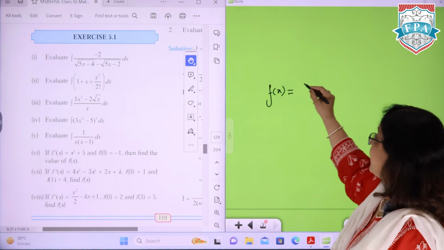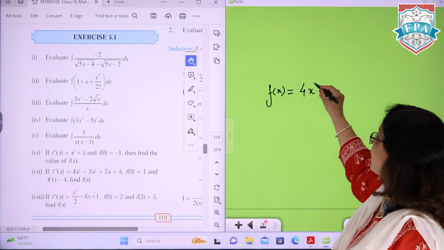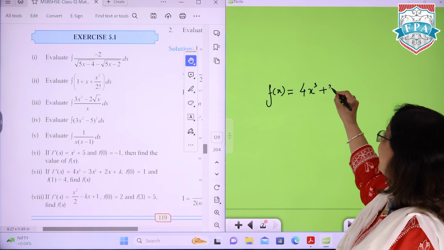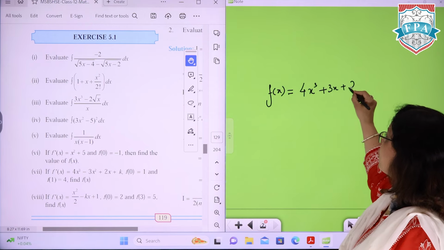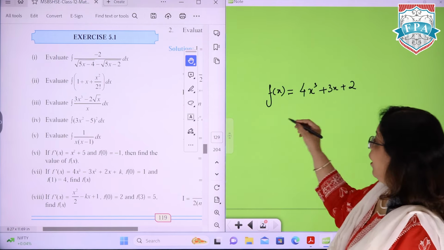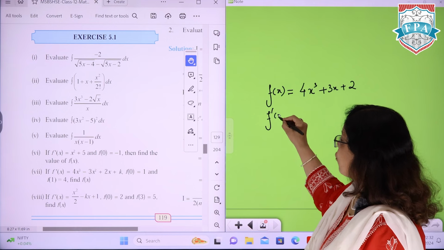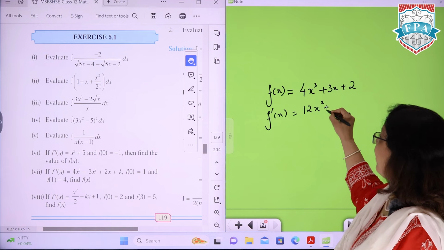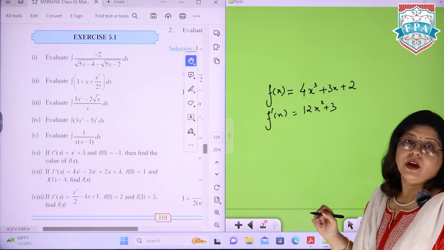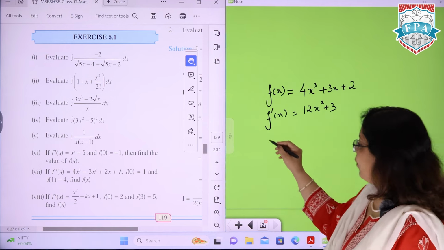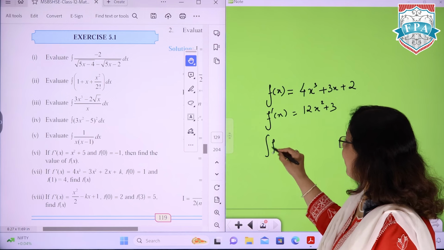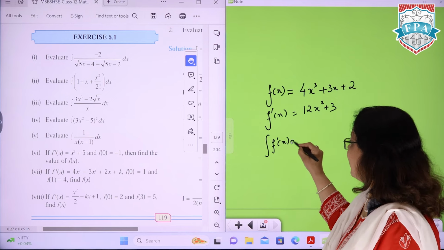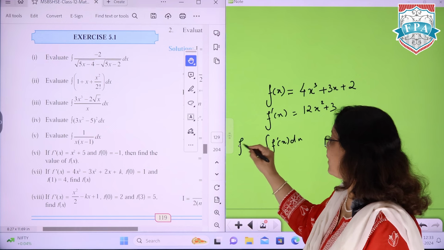Now f(x) is, say, 4x cube plus 3x plus 2. The f dash x of this will become 12x square plus 3.